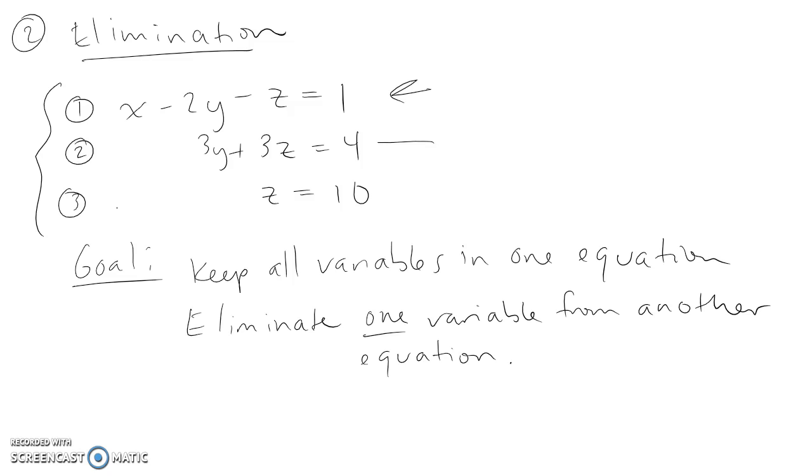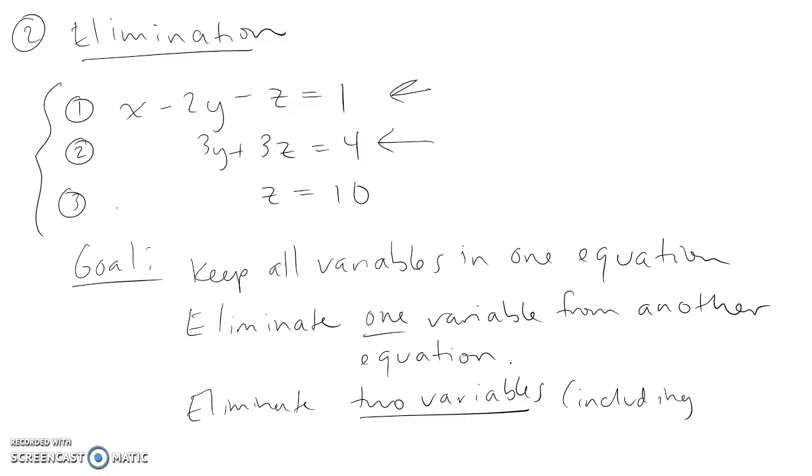Notice here the x was eliminated, and we want to eliminate two variables, including one already eliminated, from the last equation, whatever equation you have left.